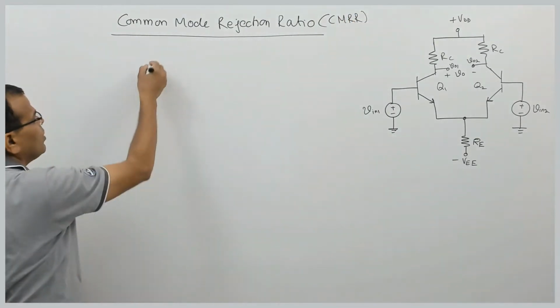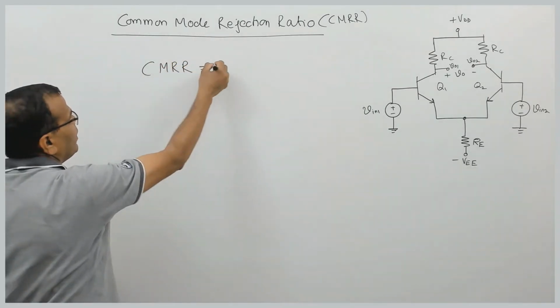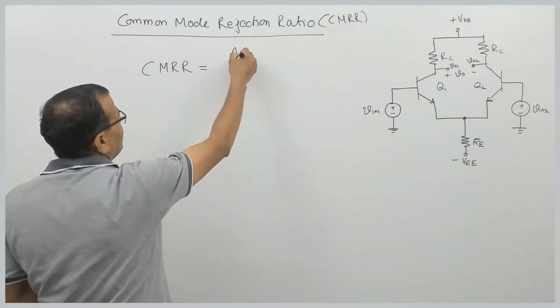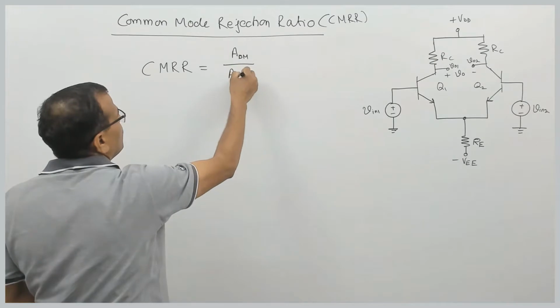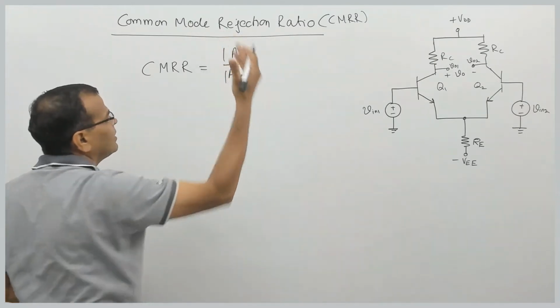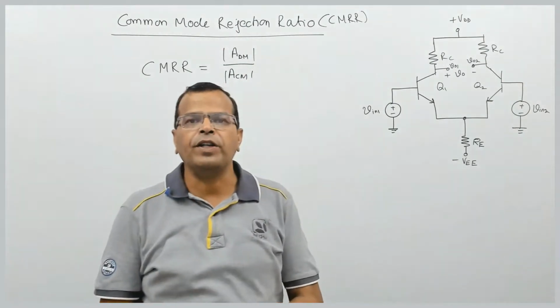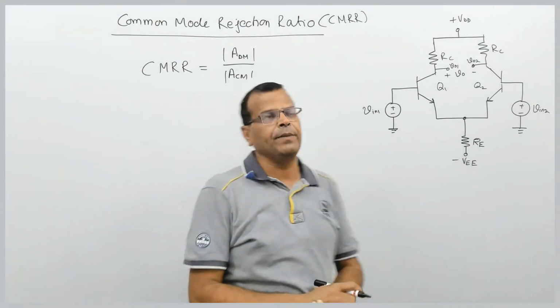The common mode rejection ratio of a differential amplifier is the ratio of differential mode gain to the common mode gain of the amplifier. We take magnitude, we don't consider sign. That is the ratio of differential mode gain to the common mode gain.